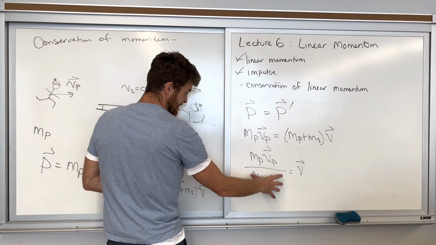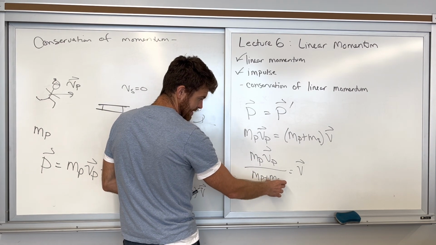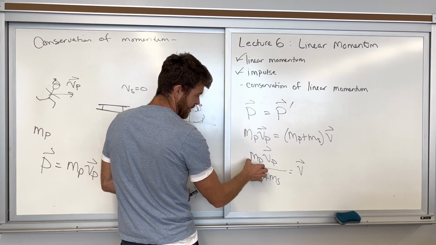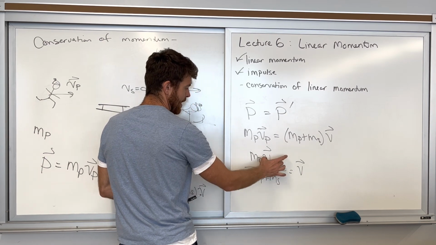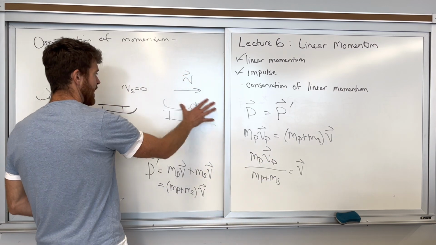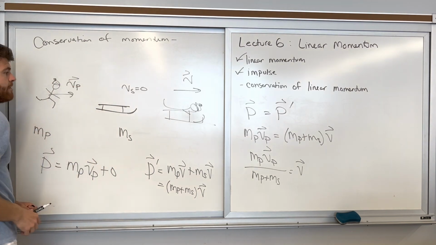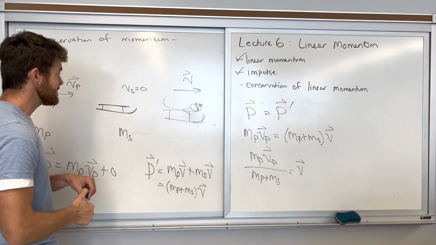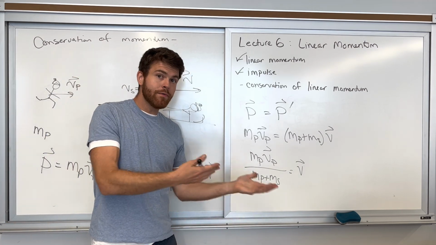Because this number is bigger than that number, because this is the mass of the person plus the mass of the sled, this quotient is going to be less than 1. Multiply this by a number less than 1, you're going to get a smaller number. So the velocity they move together, v, has to be less than the velocity of the person. Which makes sense because now more mass is moving. In order to have the same momentum, it can't be moving with the same velocity.